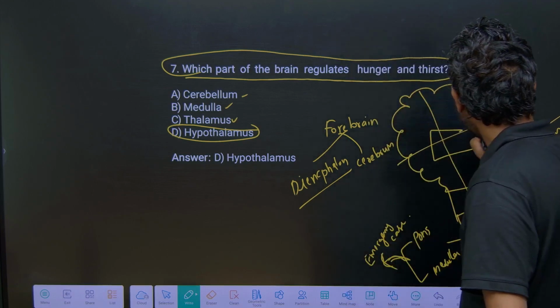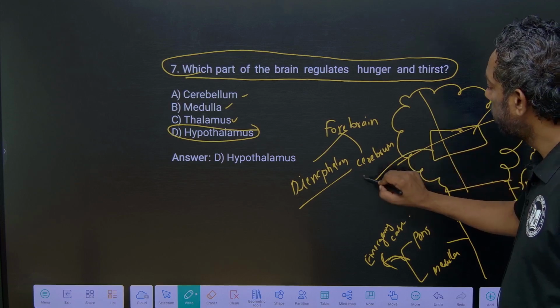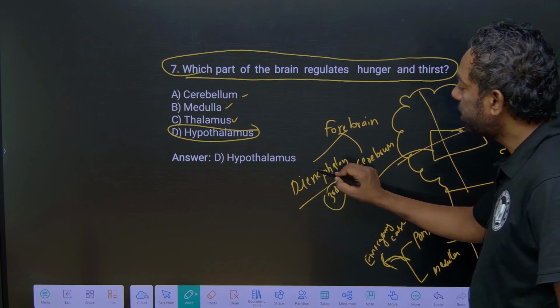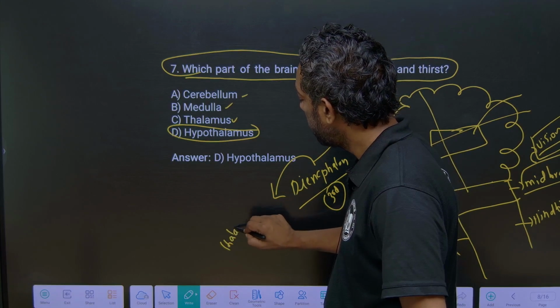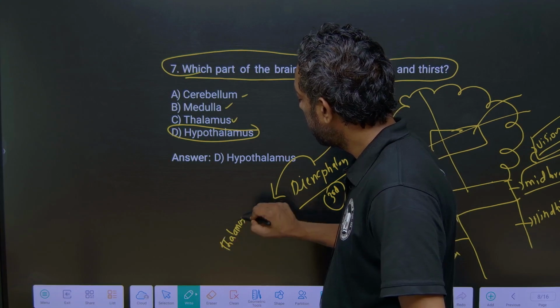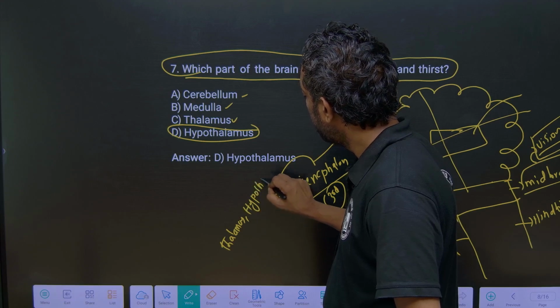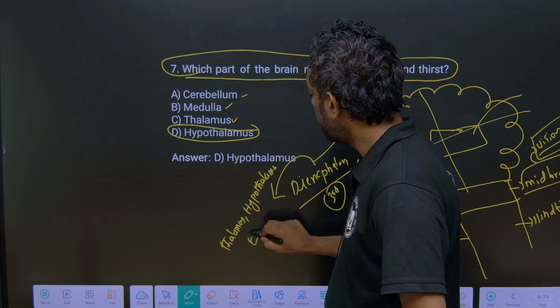The diencephalon is the mid part around the third ventricle. The diencephalon has these parts: thalamus, hypothalamus, epithalamus, pineal gland.